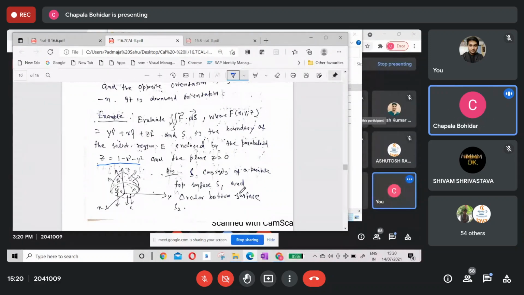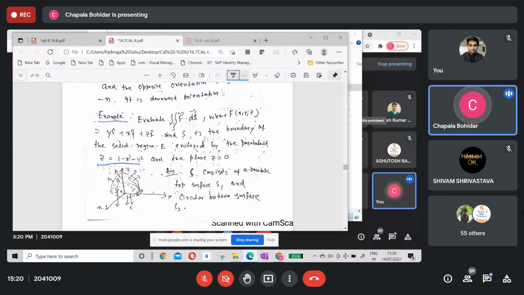So here we see our surface consists of one parabolic surface and another one is the circle. The circle lies at the bottom and at the top the parabolic surface lies. So we divide it as S1 and S2.